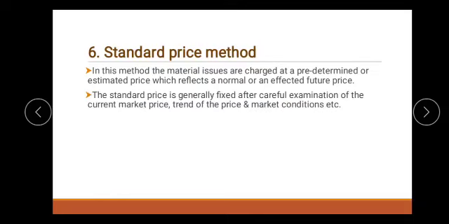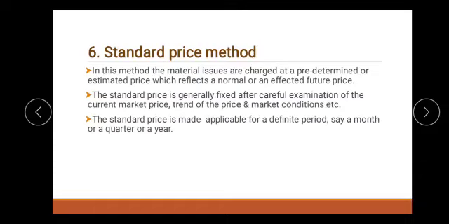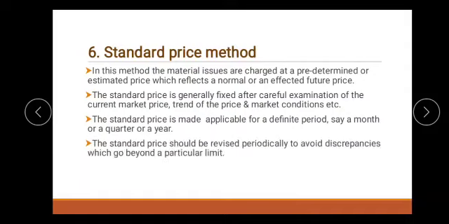The standard price is generally fixed after careful examination of the current market price, trade price and market conditions, etc. The standard price is made applicable for a definite period, say a month or a quarter or a year. The standard price should be reviewed periodically to avoid discrepancies which go beyond a particular limit.